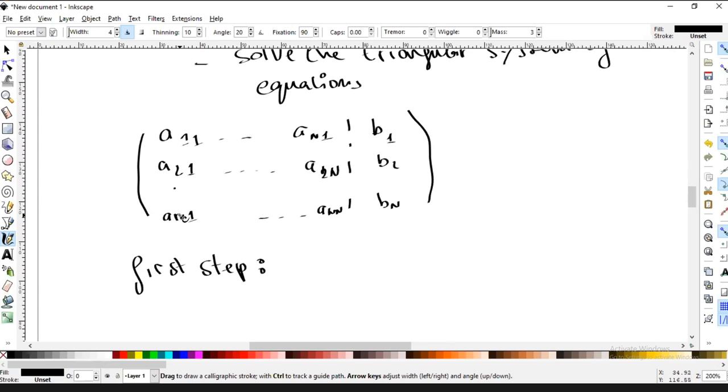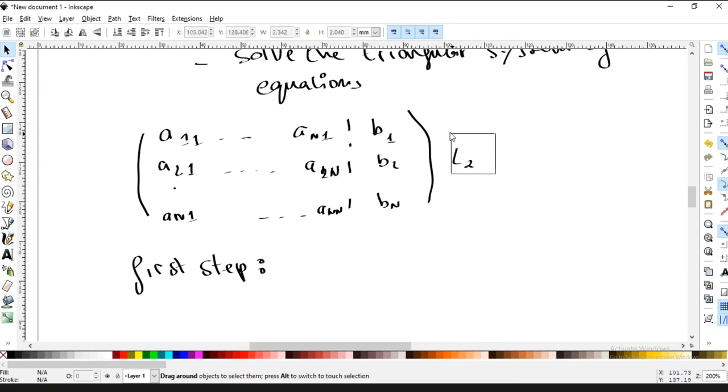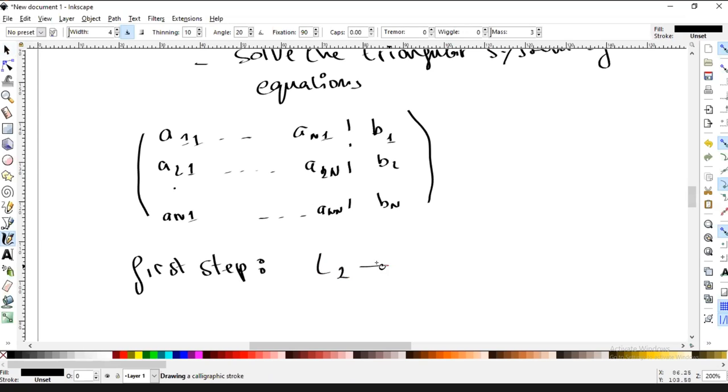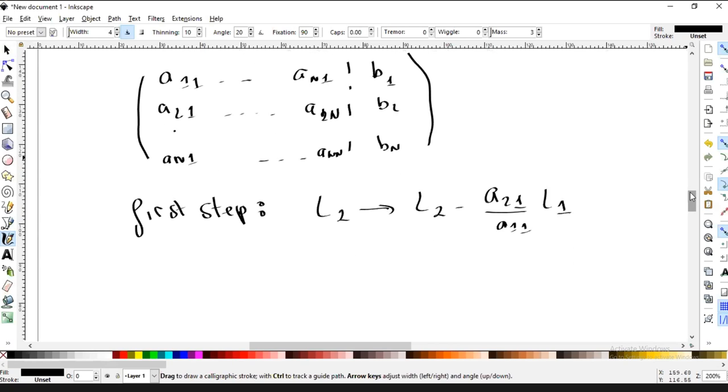So what we'll do is convert line 2 into line 2 minus A21 over A11 times line 1, and I will have a 0 on line 2.